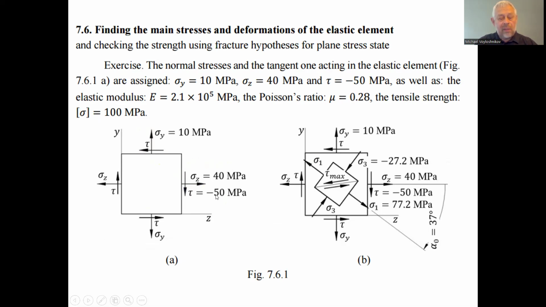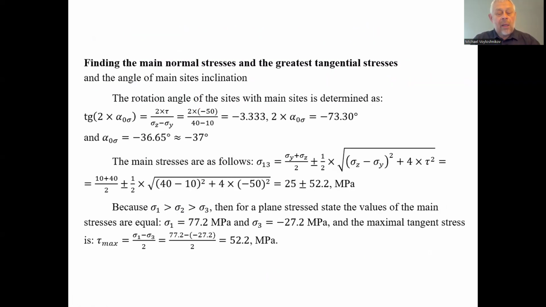The minus does not mean the magnitude of tau; it means the direction of the tangential stress applied to this one face of the segment of the mechanical system. This tangential stress is directed downward. Due to this, we can find the directions of the other taus applied to the other sides of the segment.